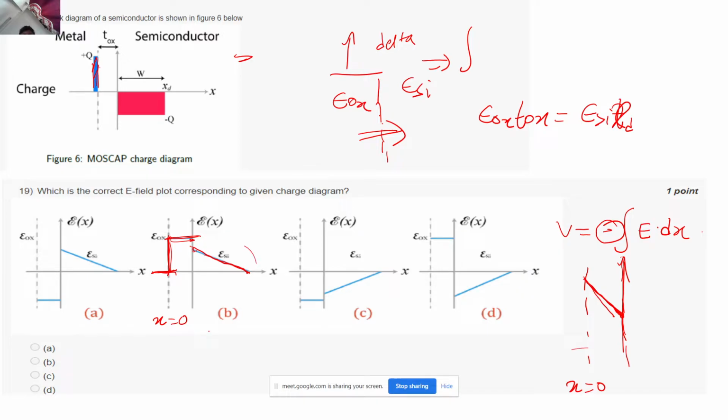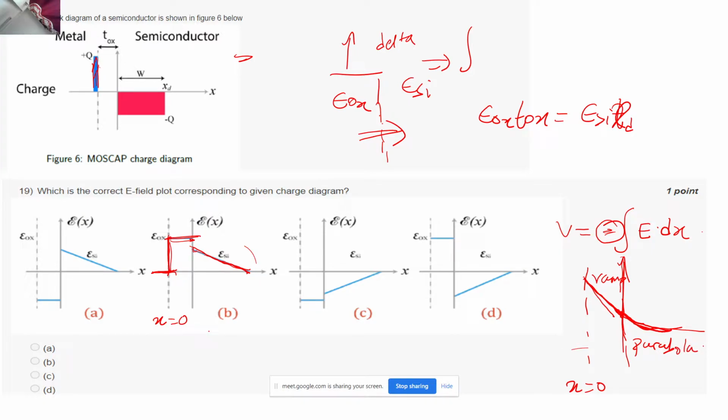The moment I integrate another ramp function with the negative sign, I will get a parabola, more like a y equal to minus x squared kind of parabola. So now it will have some shape like this, and after that it will become a constant. So this is a ramp and this is a parabola, correct? So the potential function should look something like this.